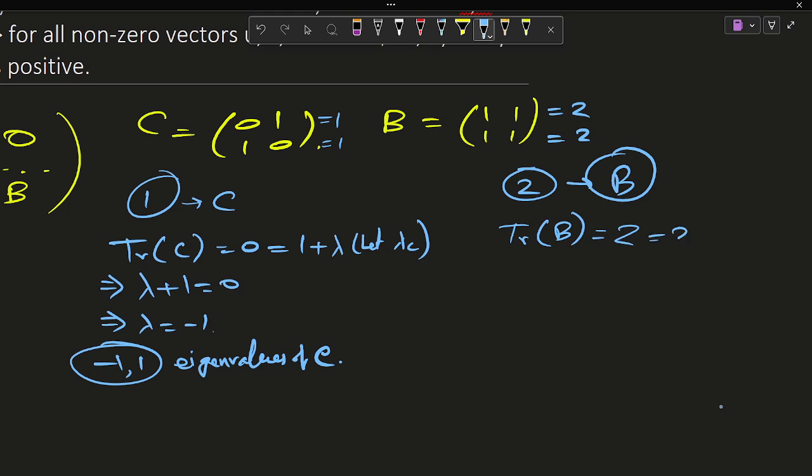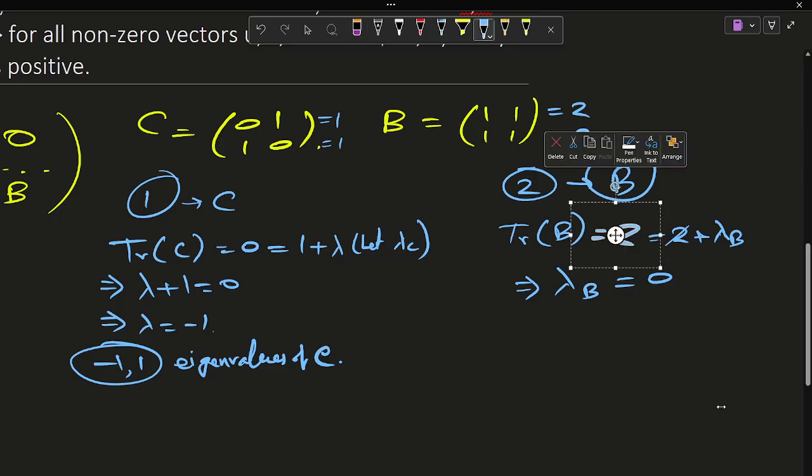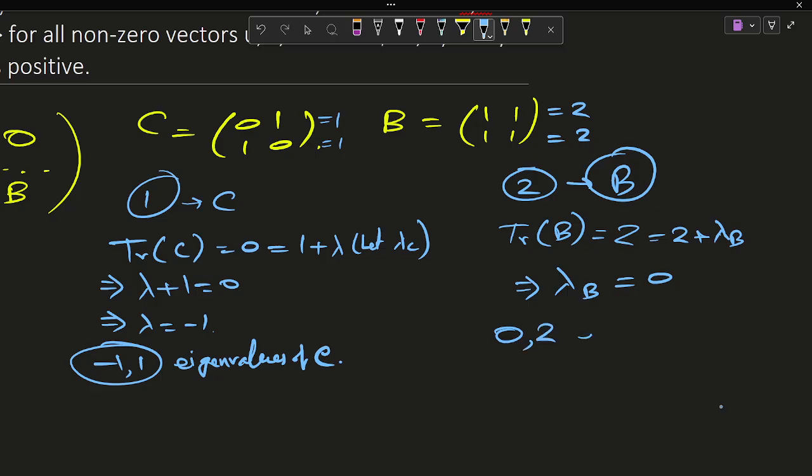So this is 2 plus lambda B. Let lambda B be the other eigenvalue of B. So lambda B will be 0, as 2 and 2 cancel out. So the eigenvalues of B are 0 and 2.